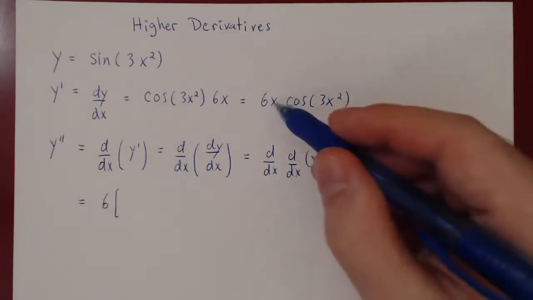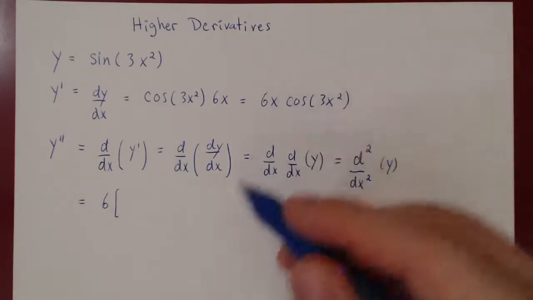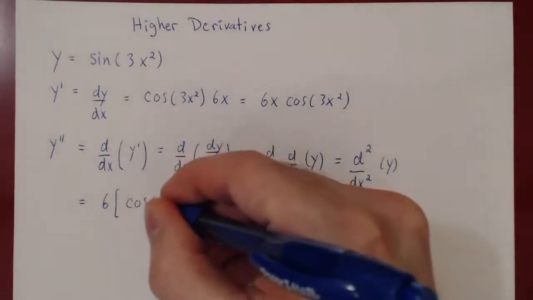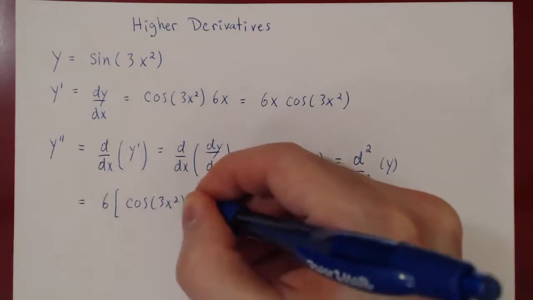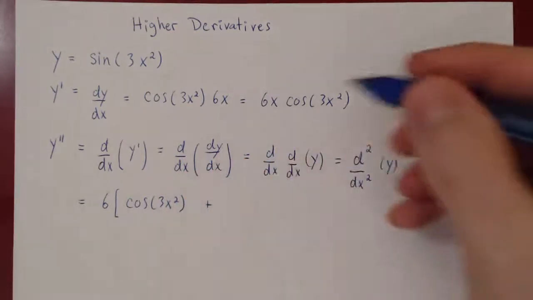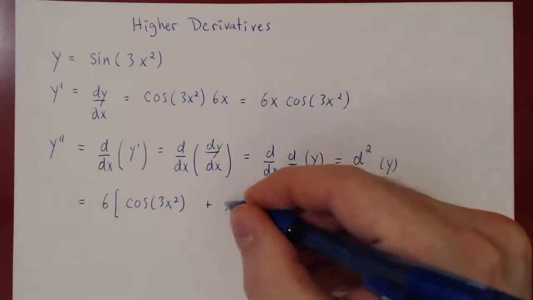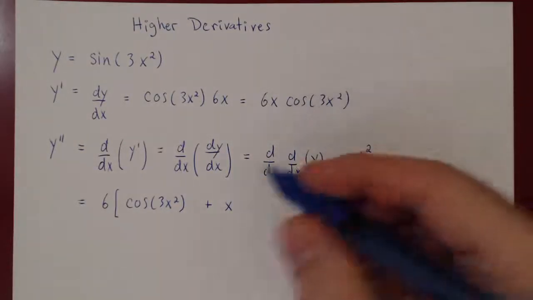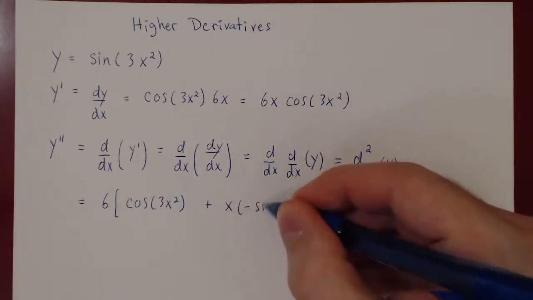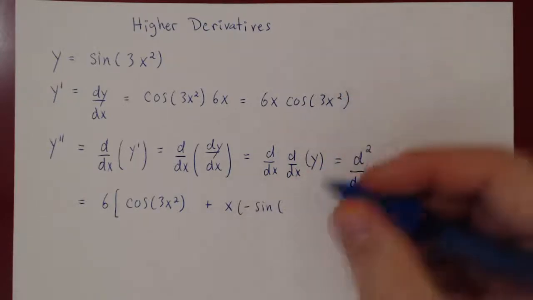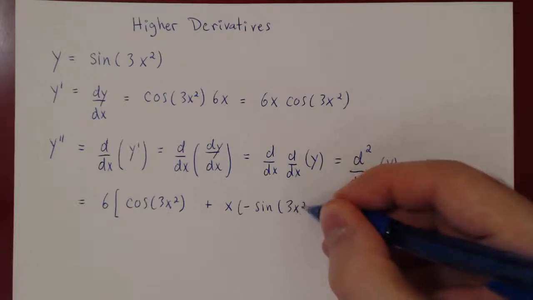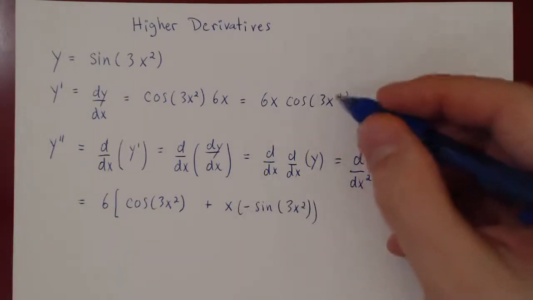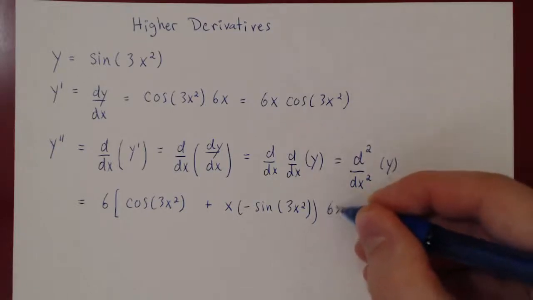By the product rule, the derivative will be the derivative of x, which is 1, times the second function, cosine of 3x squared, plus the first function, x, times now the derivative of the second function. The derivative of cosine is negative sine of the argument 3x squared, chain rule, times the derivative of the argument, which is 6x.